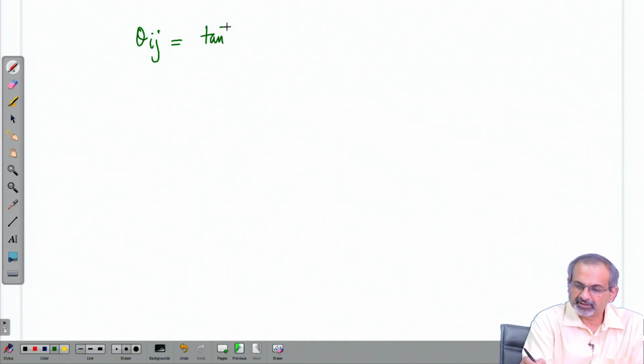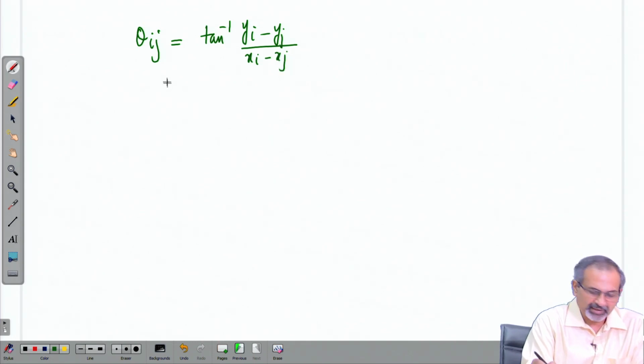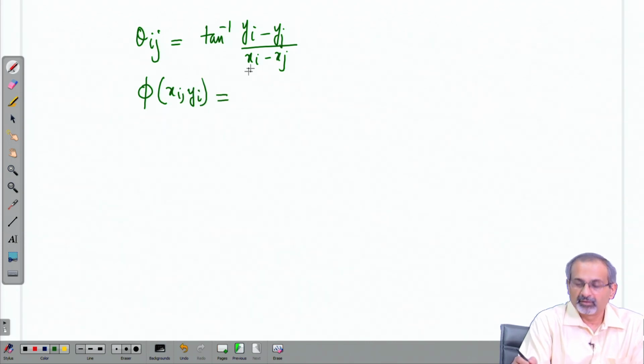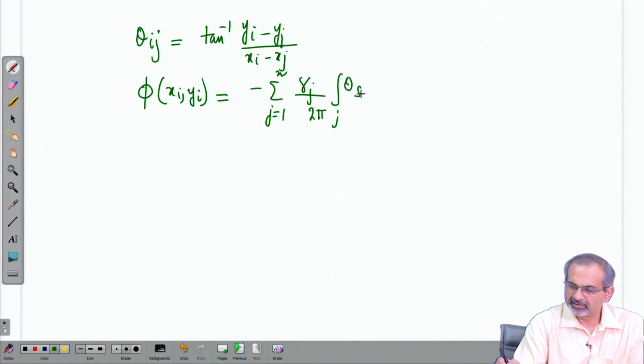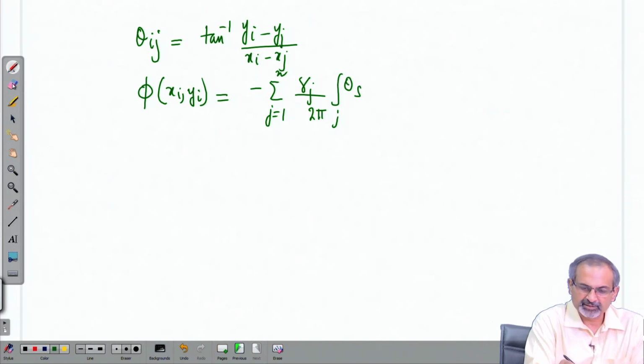It will be tan inverse of y i minus y j by x i minus x j, and the total influence due to all the panels at the ith panel control point can be written using an expression like this.